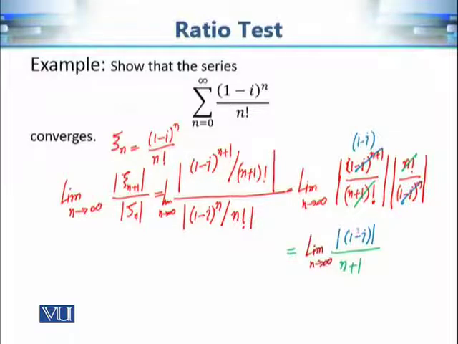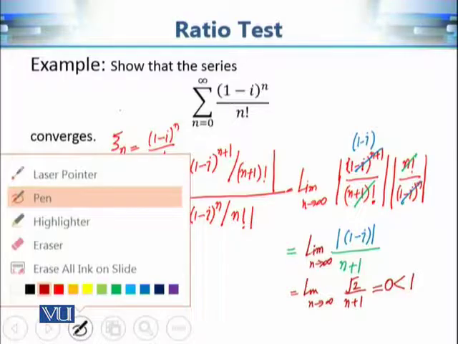Now what is the modulus of 1 minus iota? The modulus of 1 minus iota is square root of 2. So the limit as n approaches infinity of square root 2 divided by n plus 1. Now square root 2 is a fixed number, and when n approaches infinity, the answer is going to be 0. So L in this case is equal to 0, which is strictly less than 1.